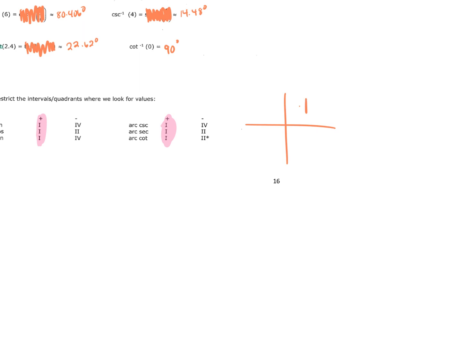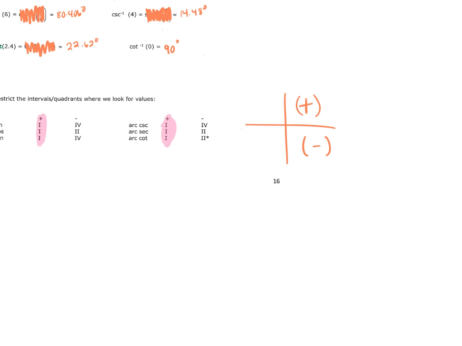In general, the guideline is that if values are positive, we're going to look in quadrant 1. And if we are looking for the inverse of something negative, then we are going to look in quadrant 4. Now here's the issue.